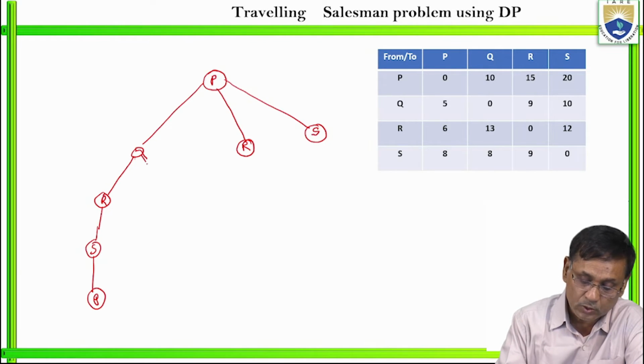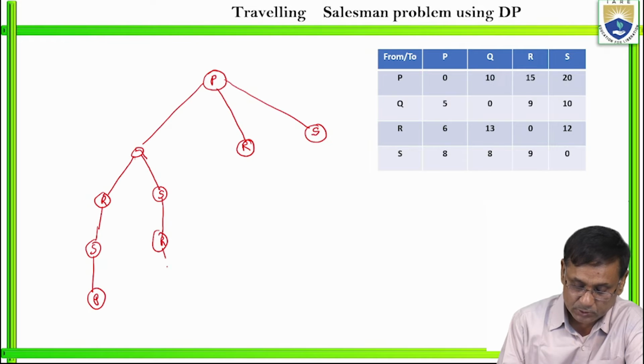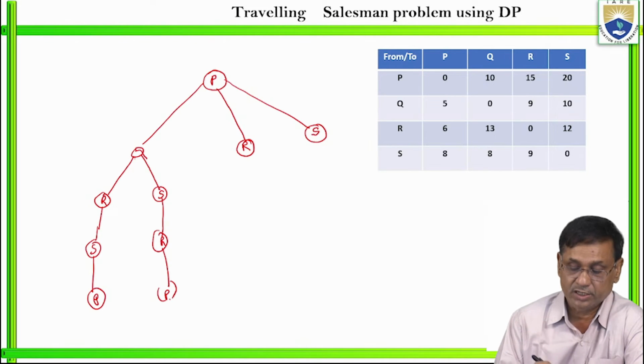Or he can go from Q to S, S to R, R to P. This is another path.